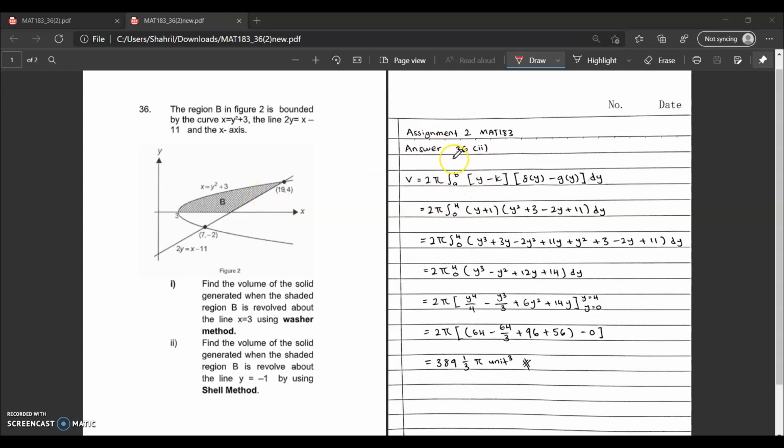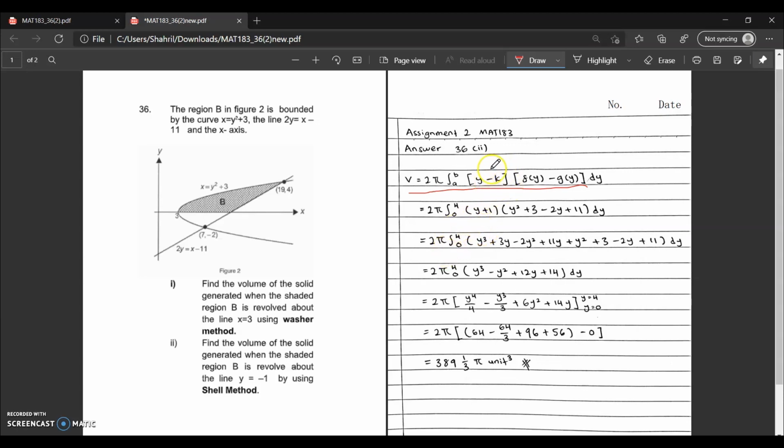This is my answer for 36 to Roman. This is the formula for the question. Volume equal 2 pi integrate a to b, y minus k and then f(y) minus g(y) dy. Substitute the numbers.